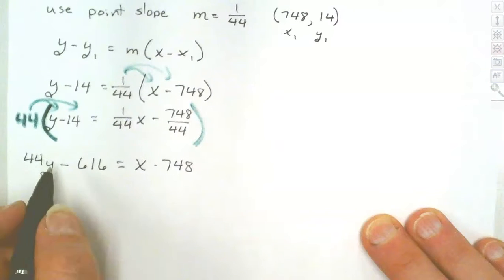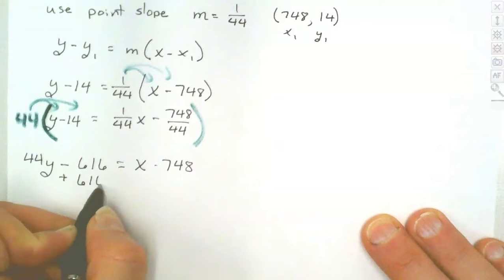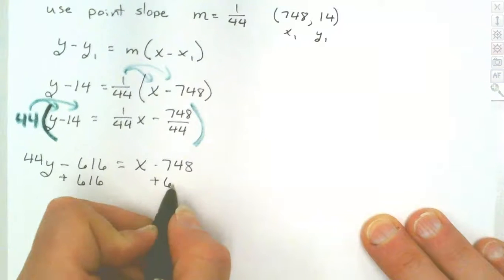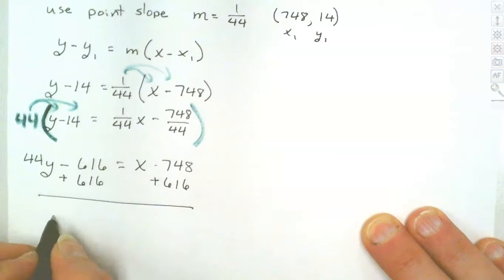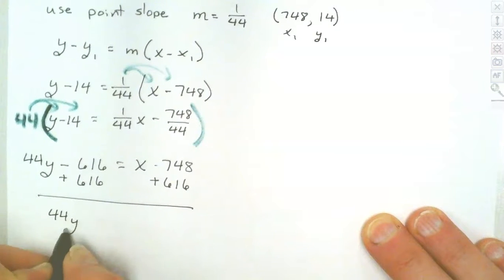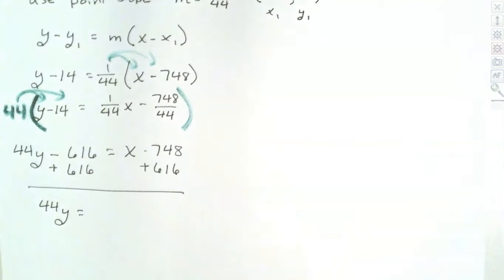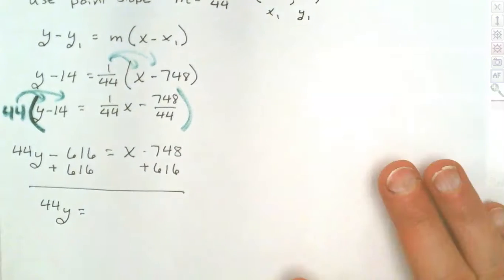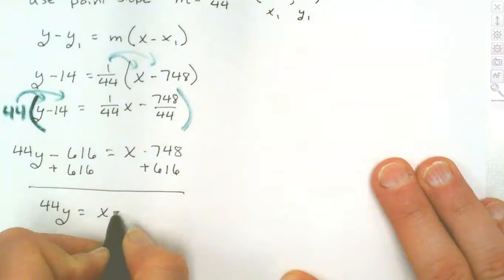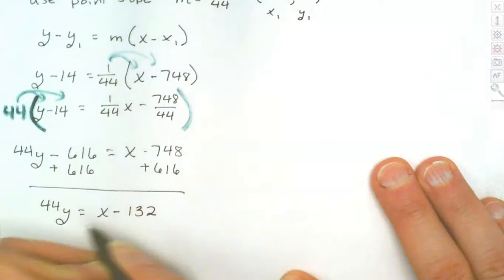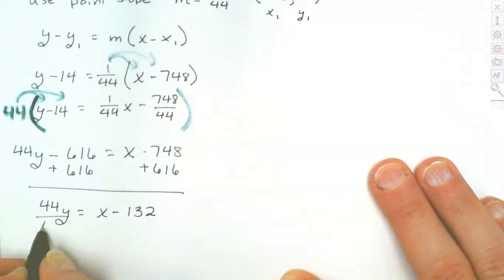We're solving it for y, so we'll add that 616 to each side, and we're almost finished here. So adding that 616 to that negative 748 gives you then a minus 132. And we'll divide by our 44.